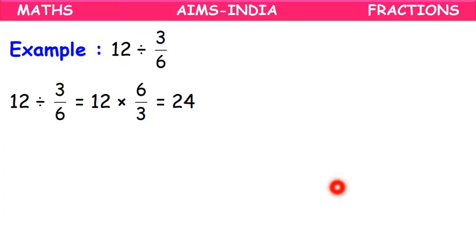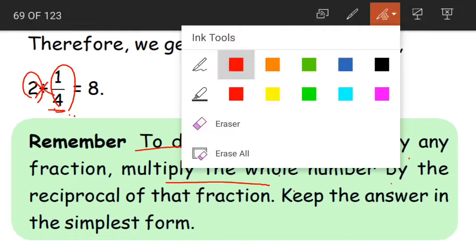So here let me write 2 divided by 1 by 4. When we have to divide a whole number by a fraction, we multiply it by the reciprocal of the fraction. The division symbol becomes a multiplication symbol, and for our fraction we write the reciprocal of it.